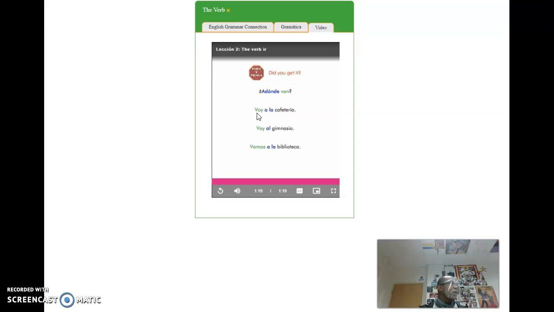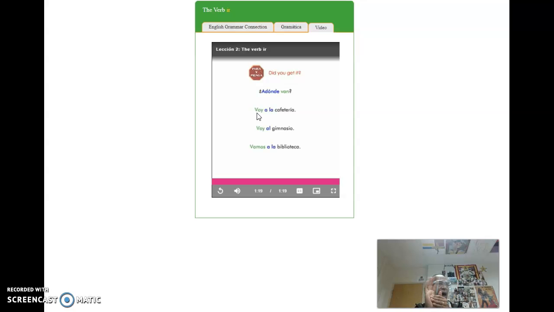No. The reason it doesn't is because the verb ir is a very irregular verb in every tense, in the present, past, future. It changes everywhere. But what it doesn't change is that it's always followed by the preposition a, which means to or towards.